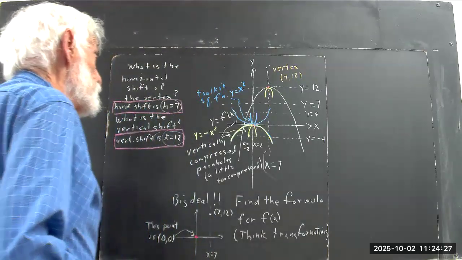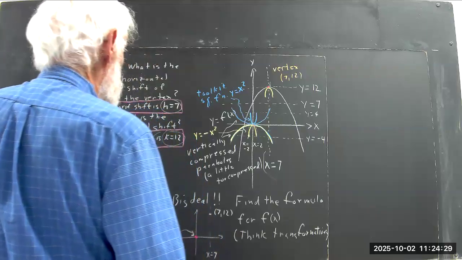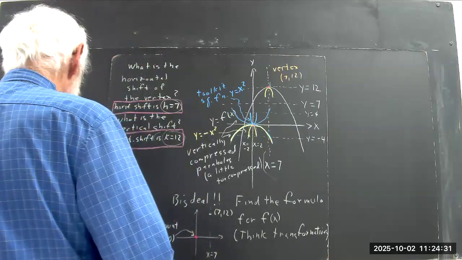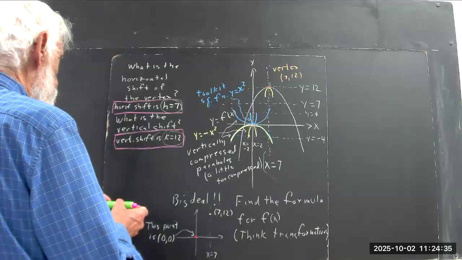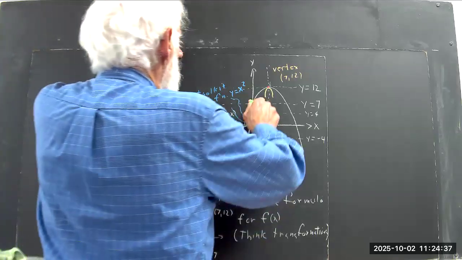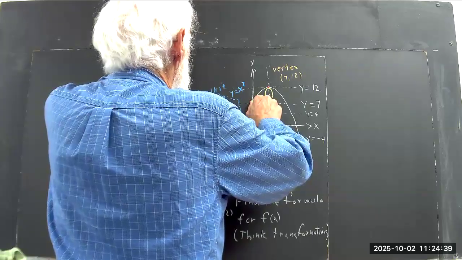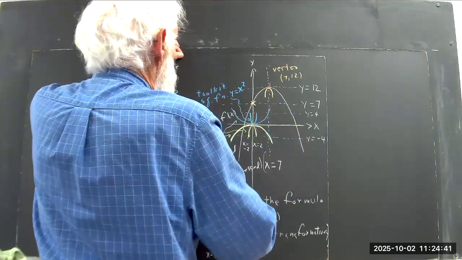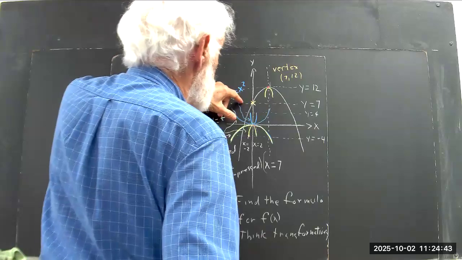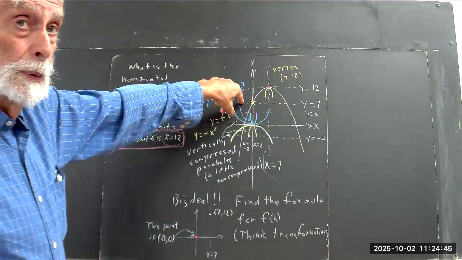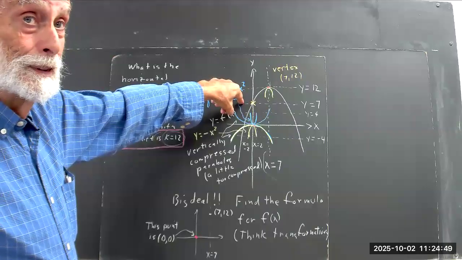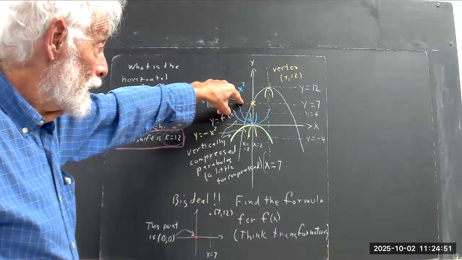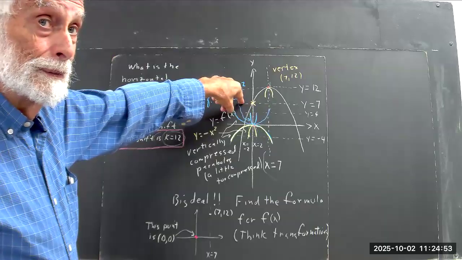Okay, well, in order to figure that out, we can use this point. What are the coordinates of this point? What's the x coordinate? It's 0. Right? And what's the y coordinate?